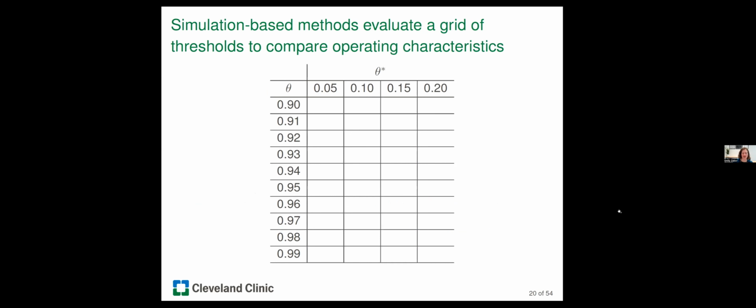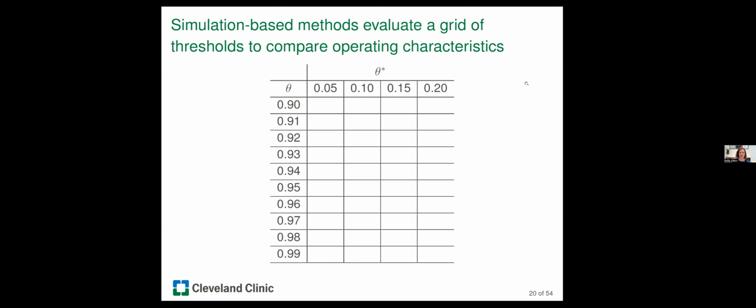So the challenging thing in using these methods is selecting the thresholds. And so simulation-based methods will be used to evaluate a grid of thresholds to compare the operating characteristics here and to identify a feasible trial to implement.